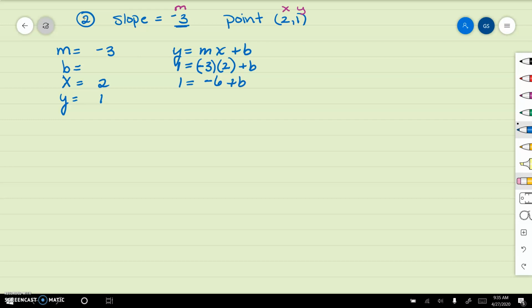Now all we have to do is get the b alone. So we're going to add 6 to both sides. And we get 1 plus 6 is 7 equals b. So therefore, b equals 7, which means the equation of my line is y equals negative 3x plus 7.